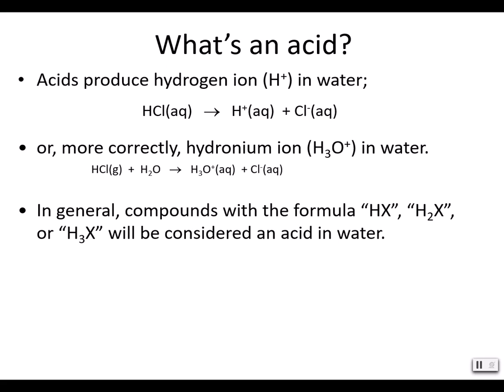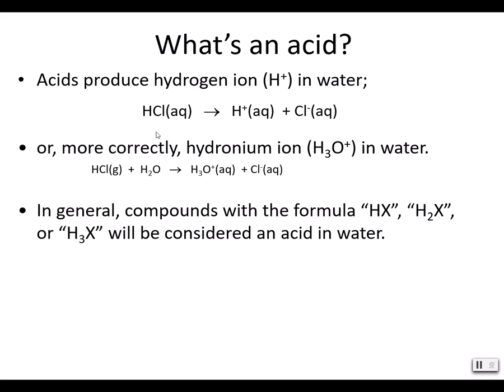So how do you determine if the molecule that you were given is an acid? Two things to look for. Obviously, acids have a hydrogen at the beginning of them. The second thing to look for is: does that molecule that has a hydrogen at the beginning produce hydrogen ion, H+, in water?